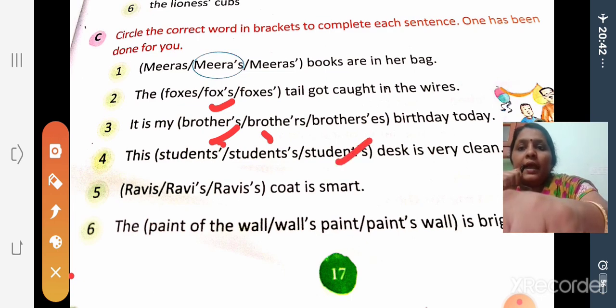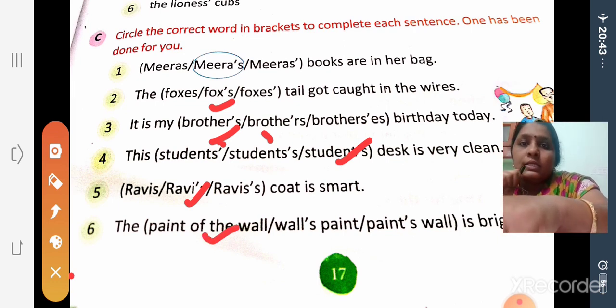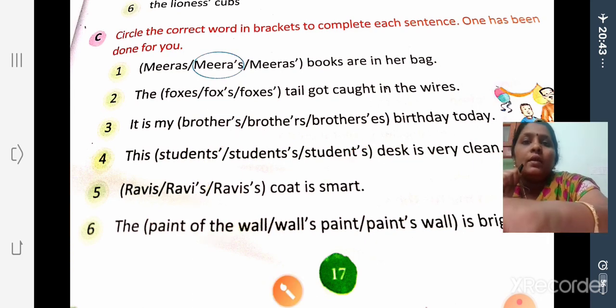Then Ravi's coat is smart. Then the paint of the wall, or wall's paint, or paint's wall. Which is the correct answer? The paint of the wall is bright. Okay, write all these answers in your grammar textbook correctly.